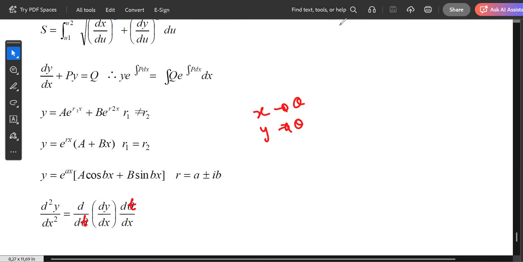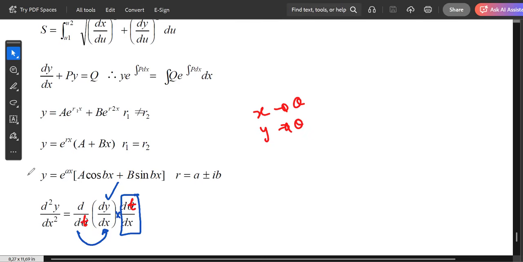I want us to understand again what we are given here. It's d/dt of this one. Take note, the bracket is saying differentiate this part, dy/dx, with respect to t. After that, the resultant is multiplied by dt/dx.